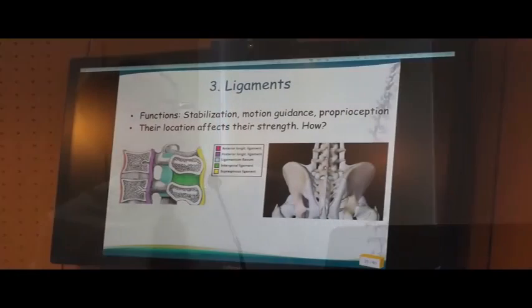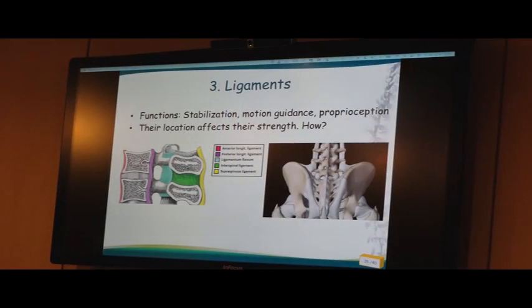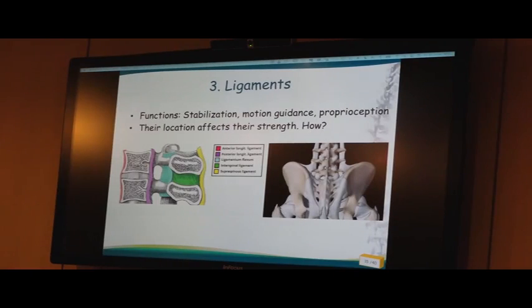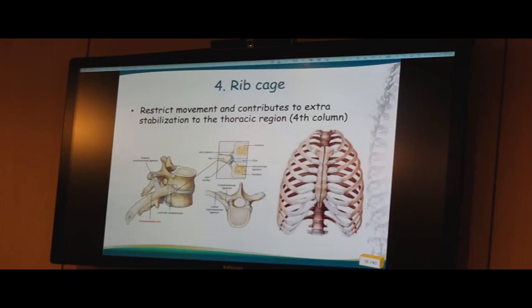And ligaments, they stabilize, they guide the motion, and they supply proprioception to the spinal movements. And their location affects very much their strength. I will show you later how they affect differently regarding their location.